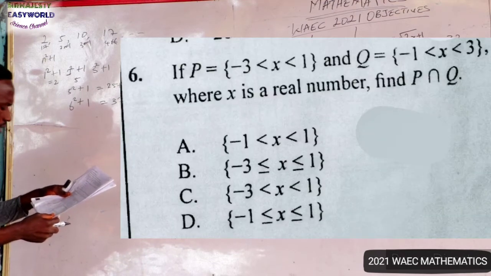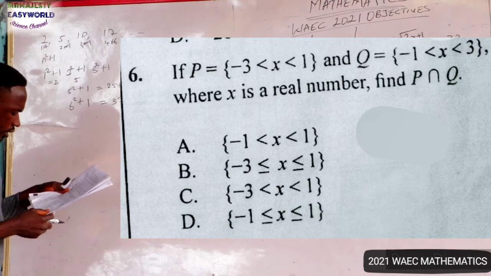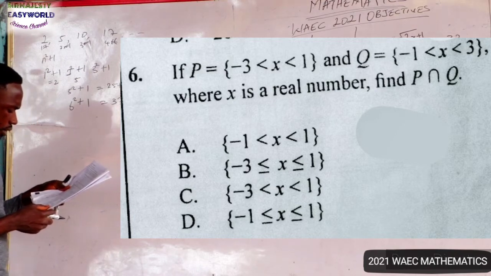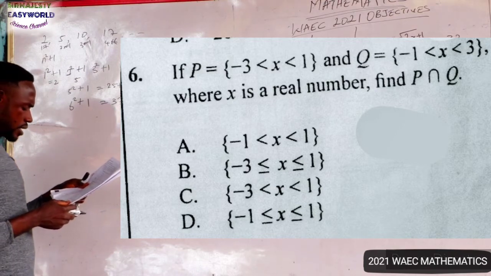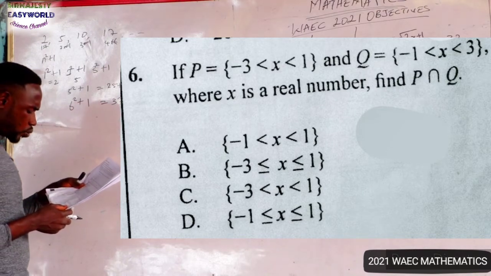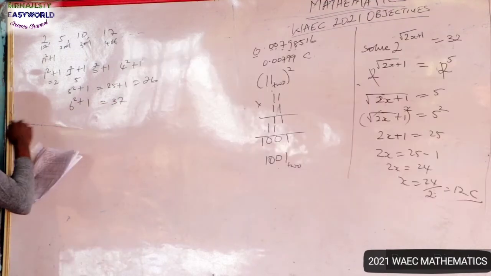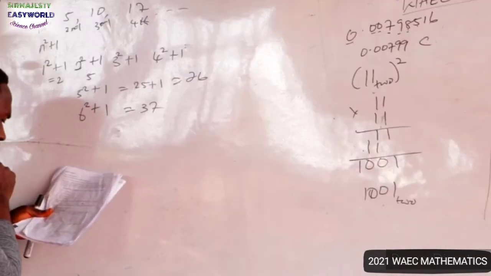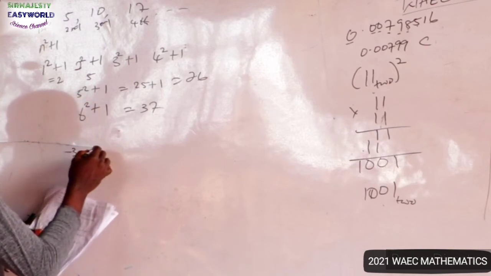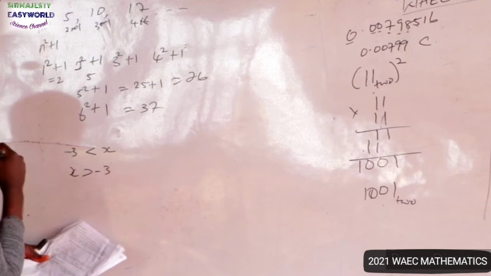Okay, then question number 6, you see that on the screen, says if P is a set, P is minus 3 less than x, x less than 1, and Q is minus 1 less than x, x less than 3. So it's very simple. You find the members. If minus 3 is less than x, it means that x is greater than minus 3.